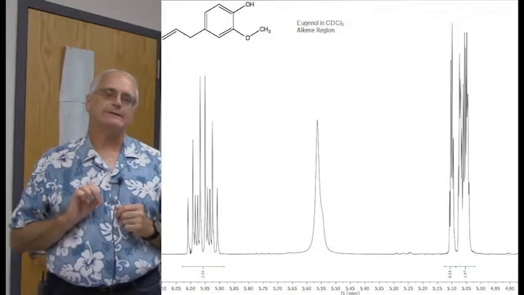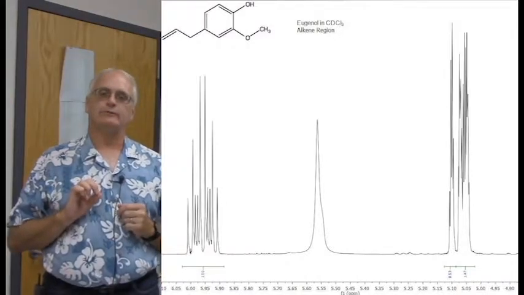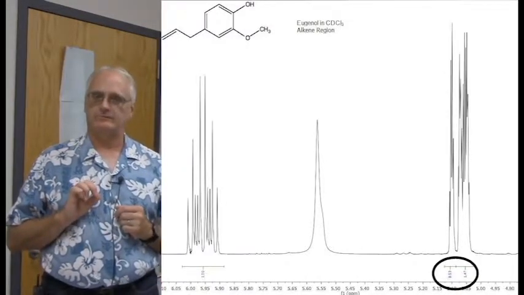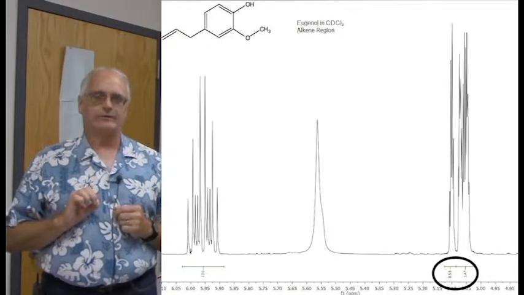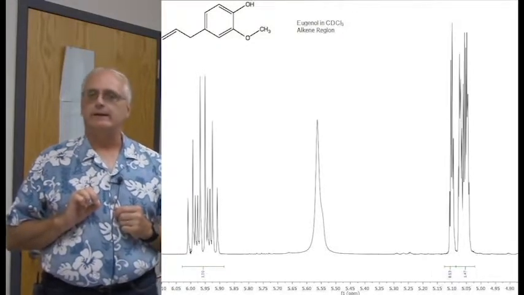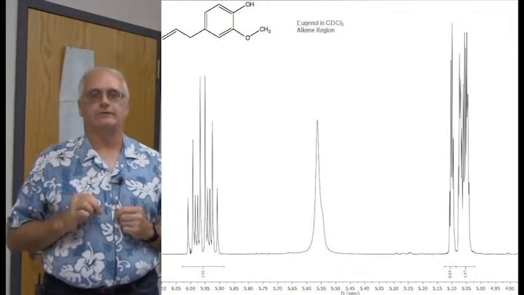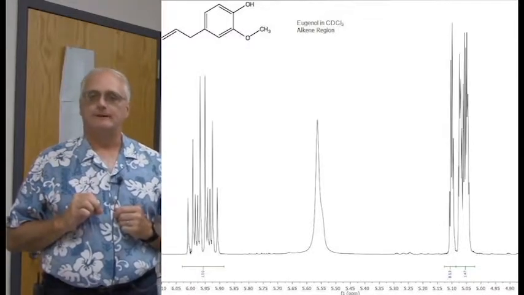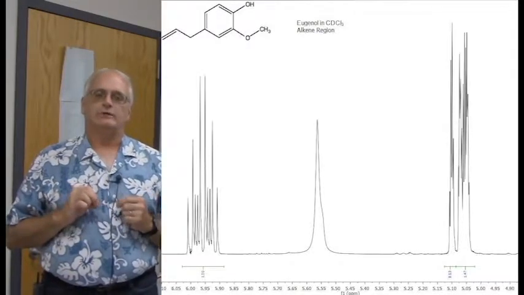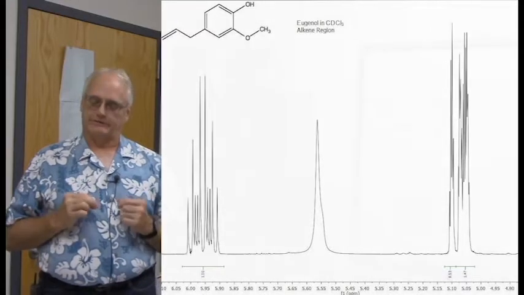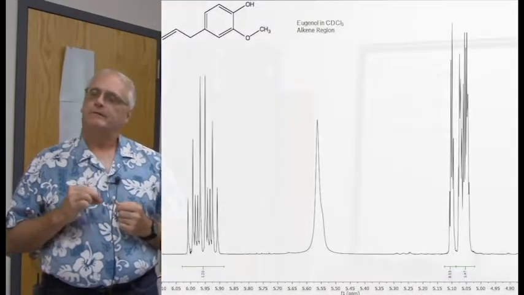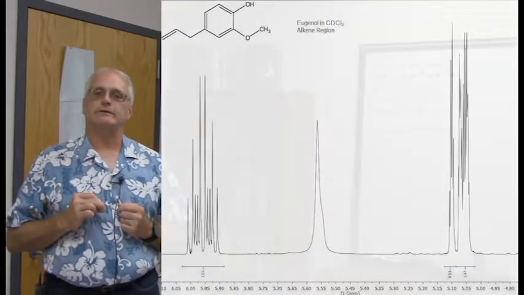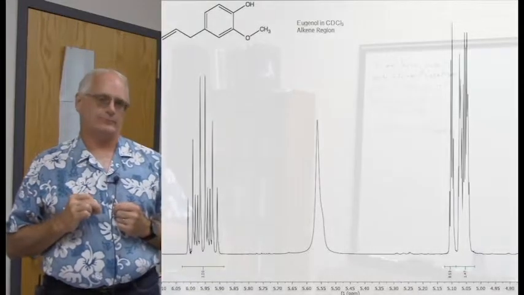If you look carefully at the integrations, especially over here for the trans and the cis protons, the signals are not nearly as clean as they looked in the propenol, certainly, and the pentene as well. It's a much more complicated looking thing, and we're running into overlap issues here. In fact, you notice they integrate 0.5 and 1.5.